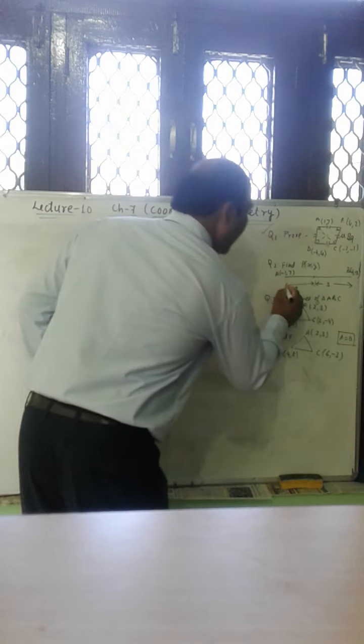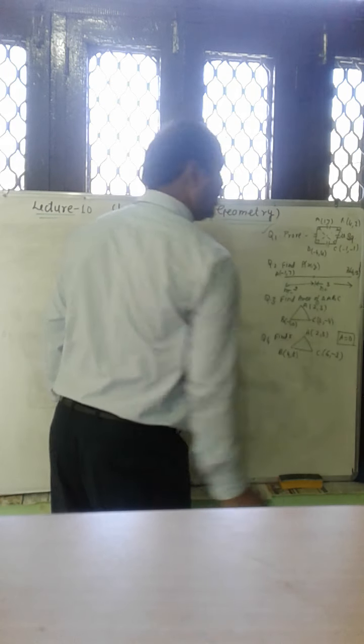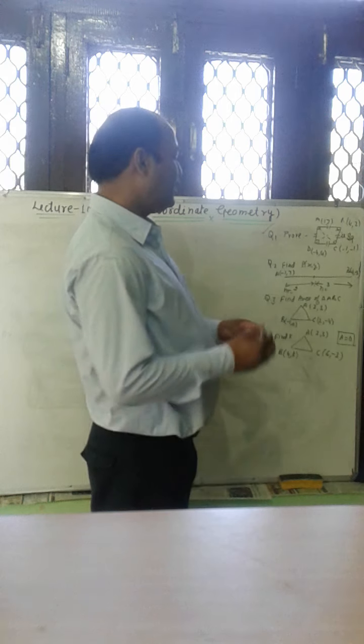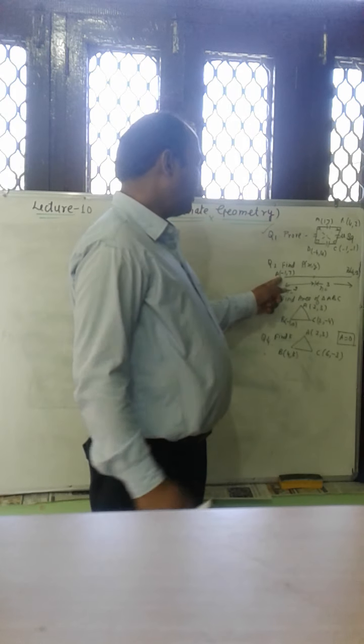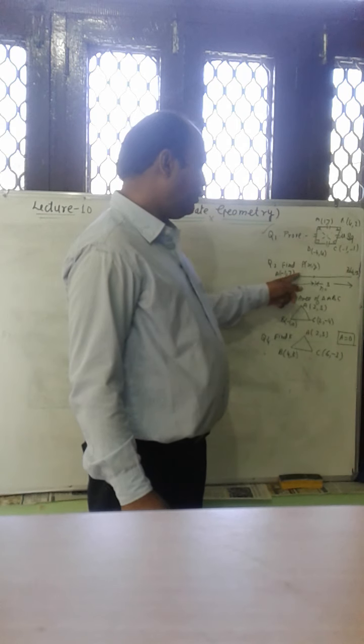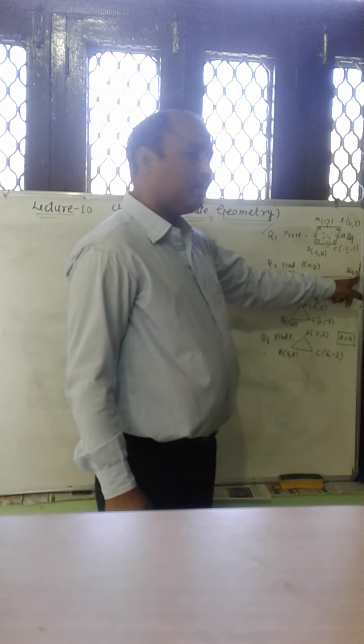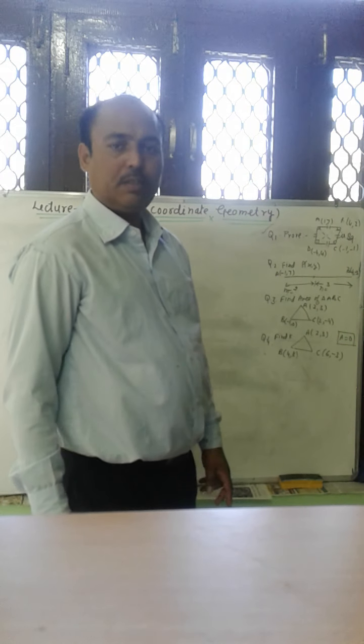It means m is equal to 2 and n is equal to 3. Here x1 is minus 1, y1 is 7, x2 is 4 and y2 is minus 3.